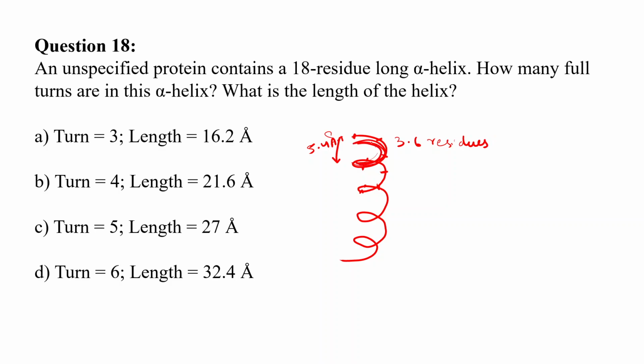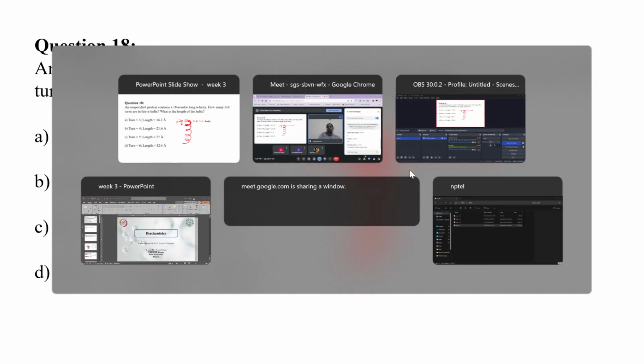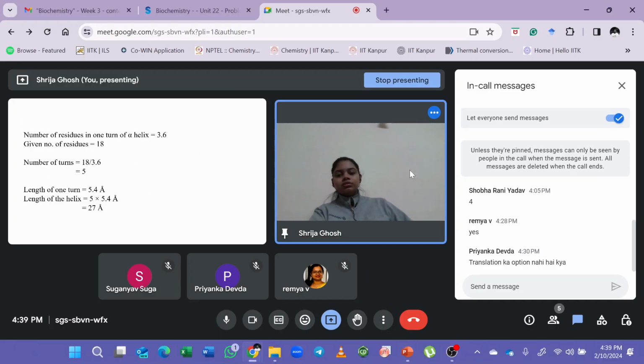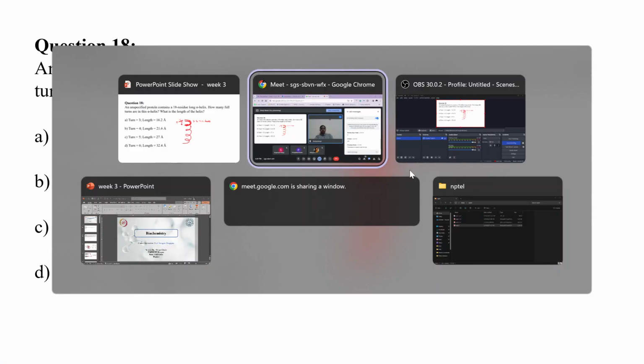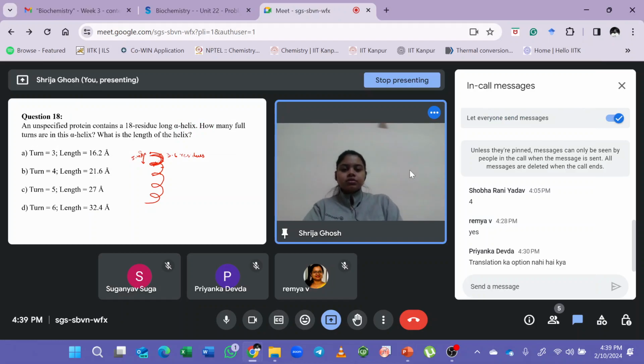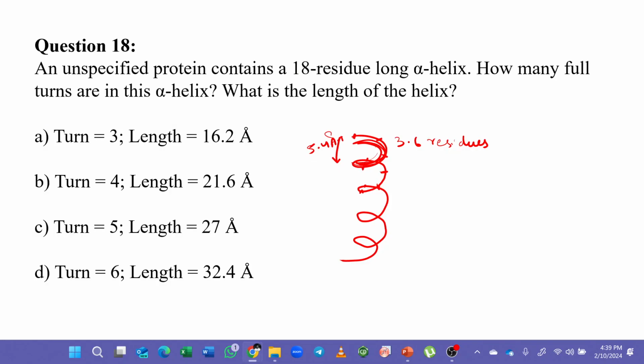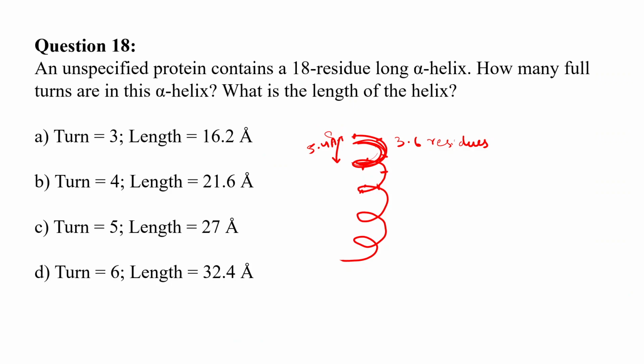Okay, so now how do we solve this question? Anybody? I have told you 3.6 residues are making one turn, and one turn is 5.4 angstrom long. So we have two questions here.